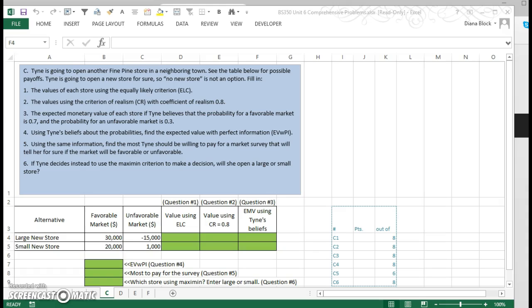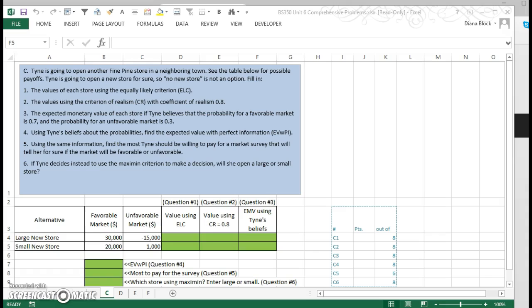And so you're going to calculate what the expected monetary value is using that information. So again, the formula's in the book, but basically you're going to take 0.7 times the larger of the two numbers plus 0.3 times the smaller of the two numbers. And you'll do the same thing for this row down here. And then you will have the expected monetary values.